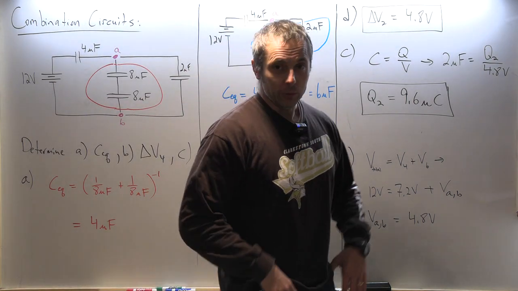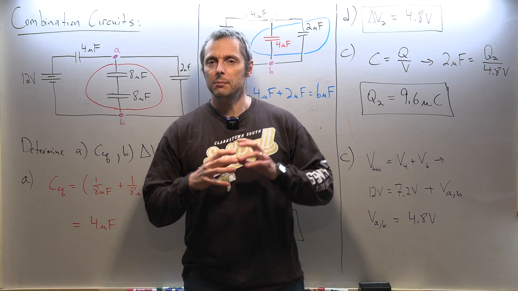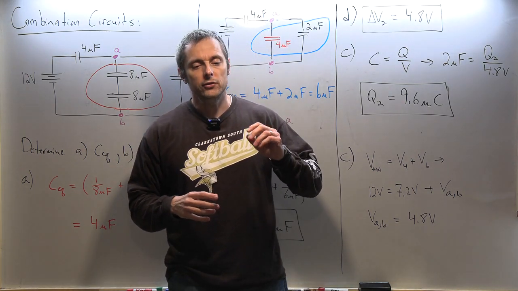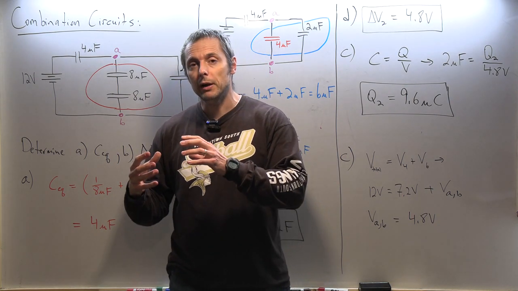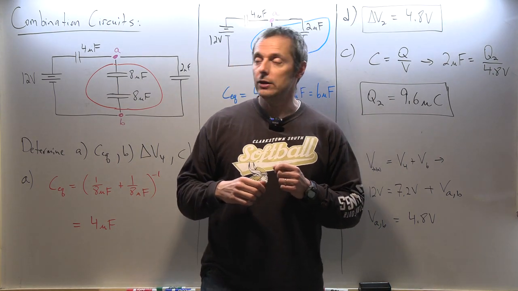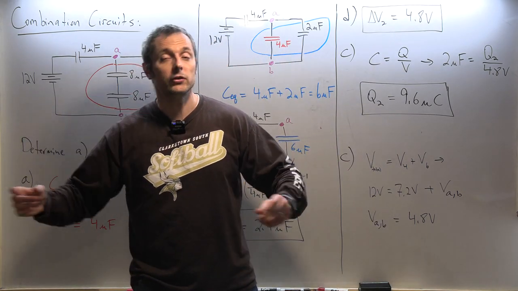Okay, so we learned today that you can connect multiple capacitors together to make a larger, more complicated circuit. The simplest is you can have all the capacitors in series or all of them in parallel. We did 2 capacitors in series. You could have 3, 4, 100 of them in series. Same thing with parallel.